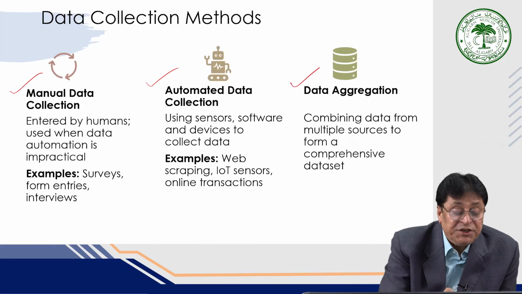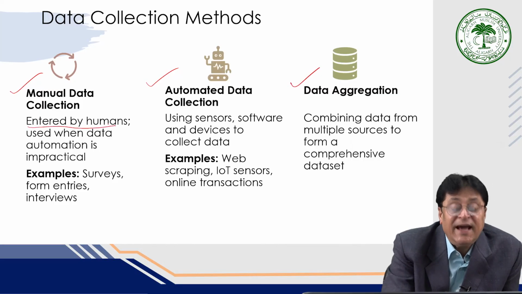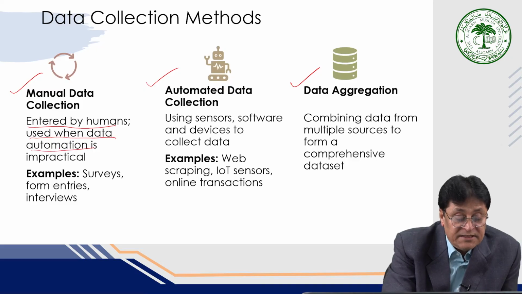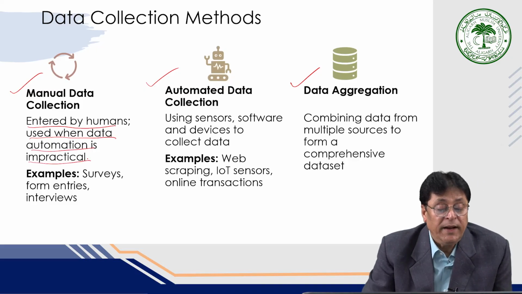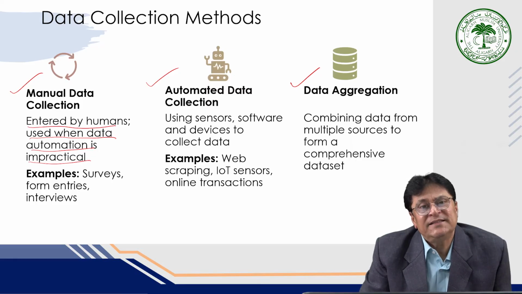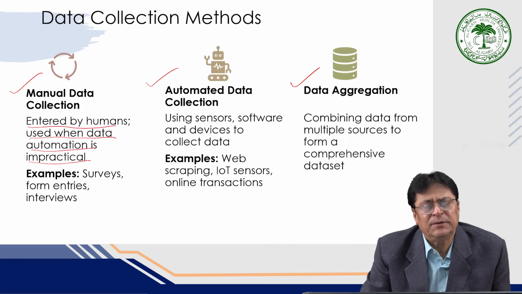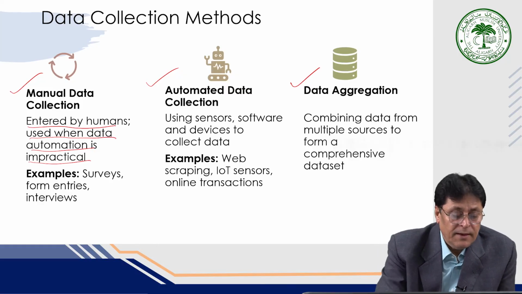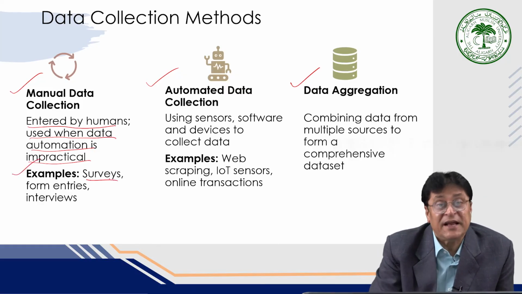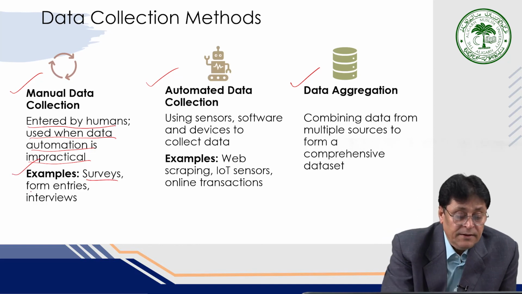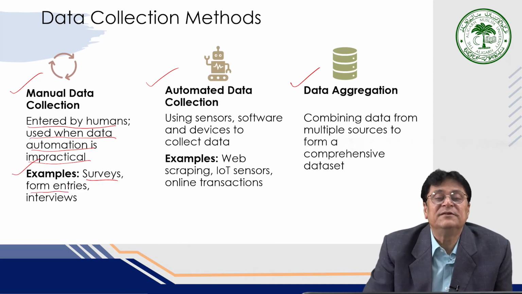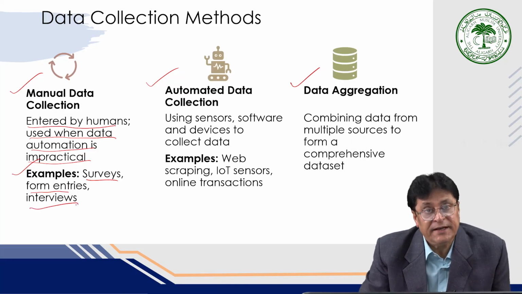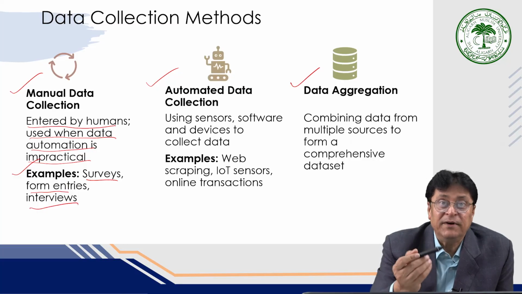In manual data collection, the data is entered by humans, and this method is used when data automation is impractical, not possible, or not required. Examples are various types of surveys which are done manually, entries in forms, and interviews.